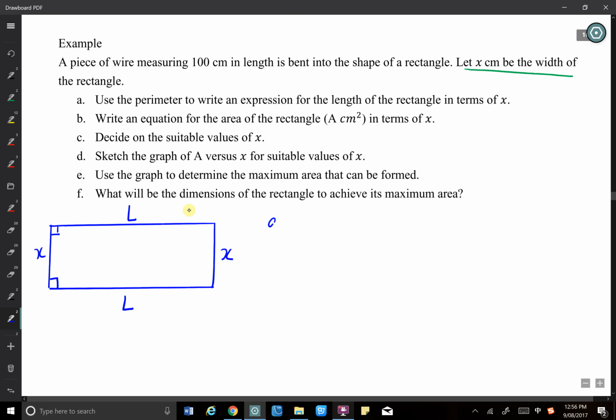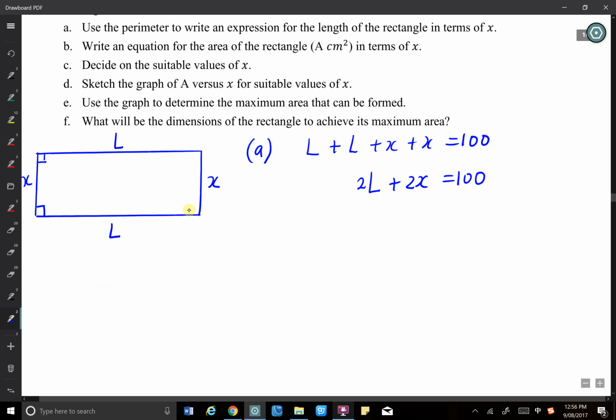For the perimeter, we have length plus length plus x plus x equal to 100. So 2 length plus 2x will be 100. Length plus x will be 50. Length will be 50 minus x.